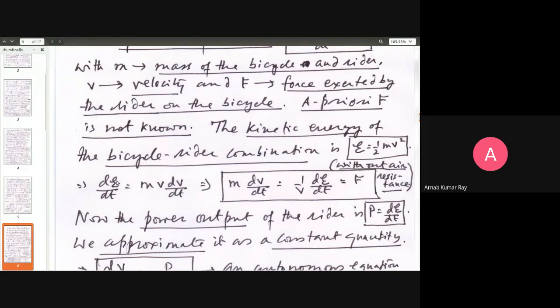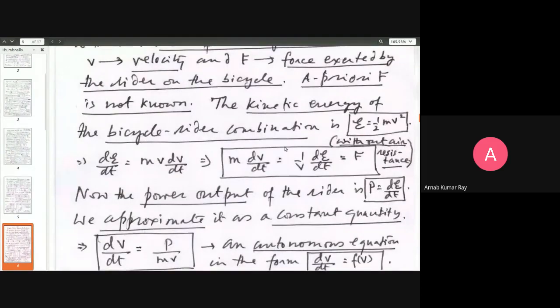So if you understand this kinetic energy to be the work, then dW/dt is power, W being work done. dW/dt is the power exerted by the bicycle rider, and from this formula it will be mv dv/dt. Therefore, m dv/dt is equal to dE/dt divided by v. So m dv/dt is the force: the power output divided by the velocity.